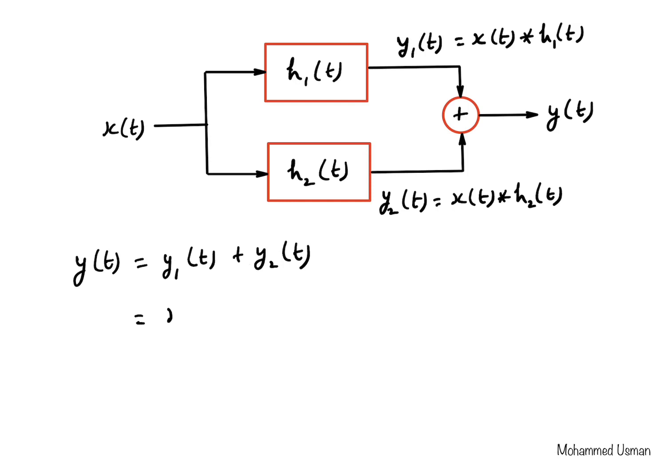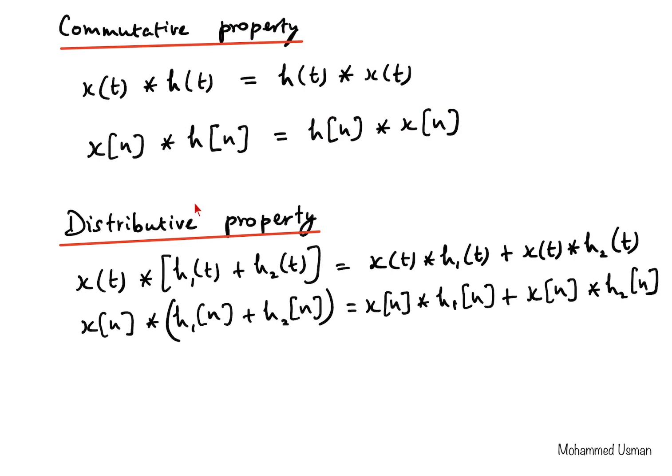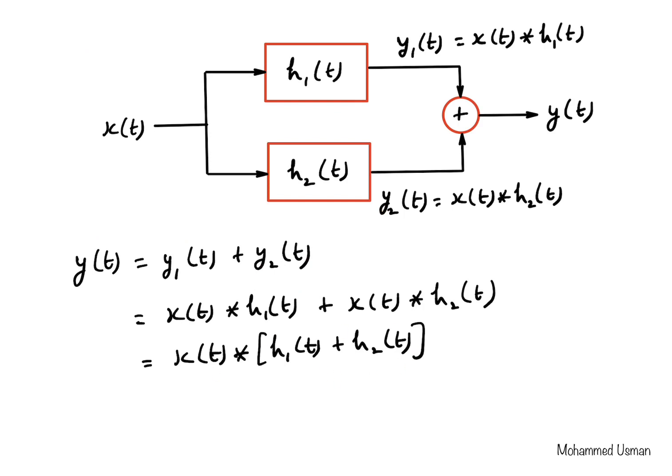So that is basically equal to x of t convolved with h1 of t plus x of t convolved with h2 of t. And we can write that as x of t convolved with h1 of t plus h2 of t by using our distributive property, right? So now we can write these separate convolutions as x of t convolved with h1 plus h2 of t. So that's exactly what we have done here.